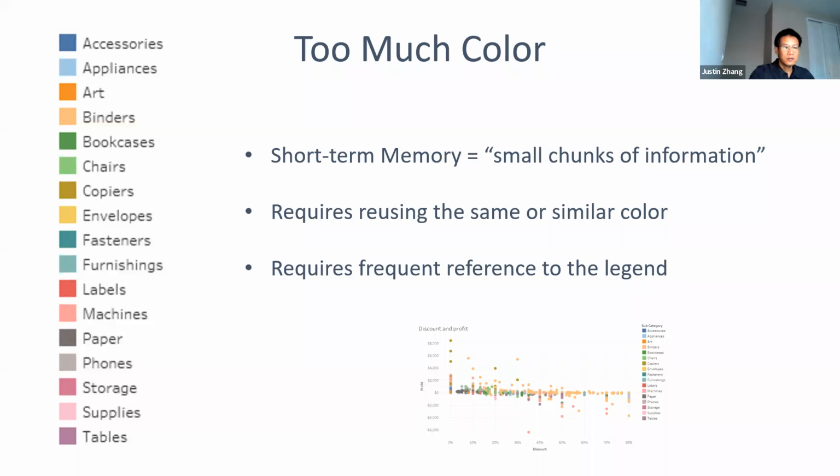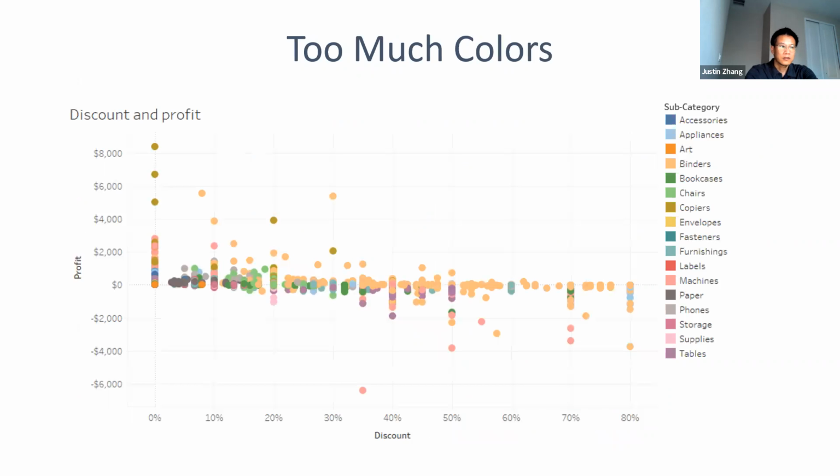That's why using too many different colors means that you will eventually run out of short-term memory, because we have too many colors to refer to in a very short amount of time. So we are going to quickly run out of storage, because a user may refer back and forth to the legend to understand the meaning of each specific color. That's why this is not a good example, and it has too many colors.